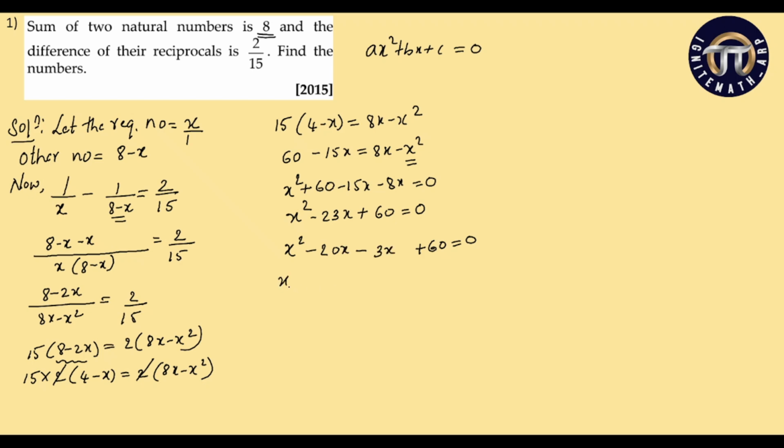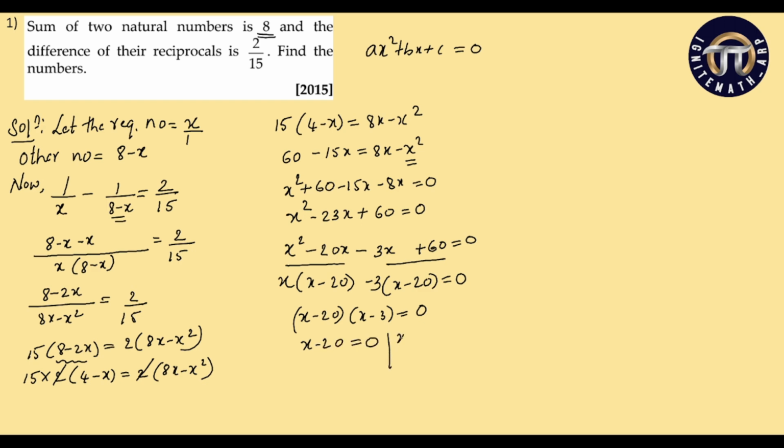Now I'll factorize by grouping these two. x is taken common, x minus 20, minus 3 is taken common, x minus 20 is equal to 0. So the two factors are x minus 20, then x minus 3 is equal to 0. So x minus 20 is equal to 0, or I can say x minus 3 is equal to 0.